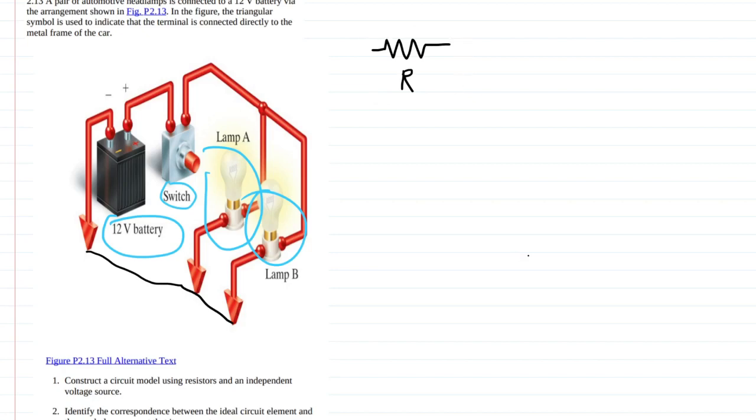In the battery, we have an ideal voltage source. In reality, batteries are not ideal. They have internal resistance. They can't deliver unlimited amounts of current. All sorts of complexities that make them not ideal.